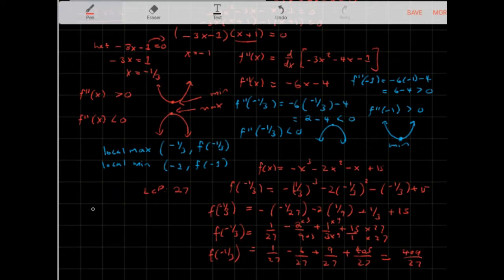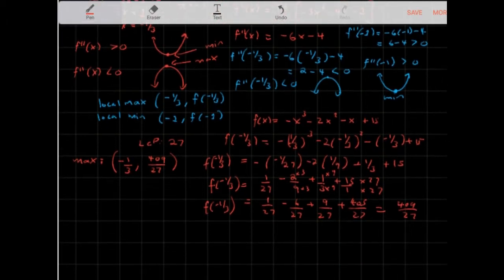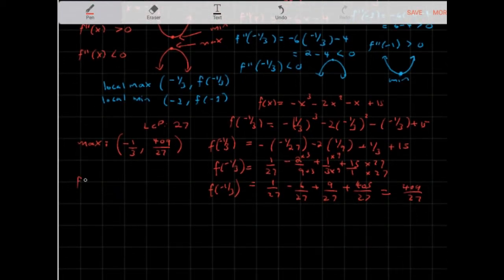Okay, so your maximum point of the roller coaster occurs at negative 1/3 and 409/27.